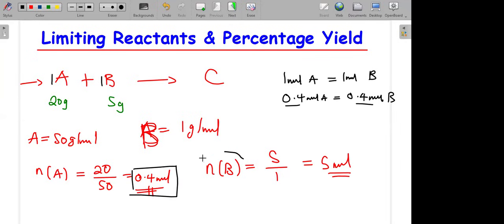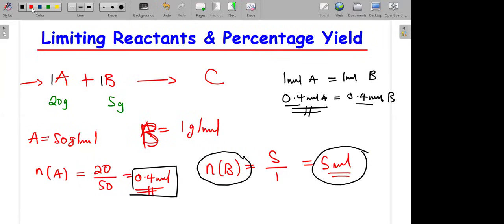But you can see that we have 5 moles of B. So B is in excess. The limiting reactant will be this guy here, the reactant A.